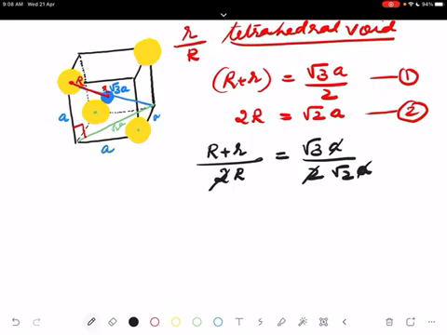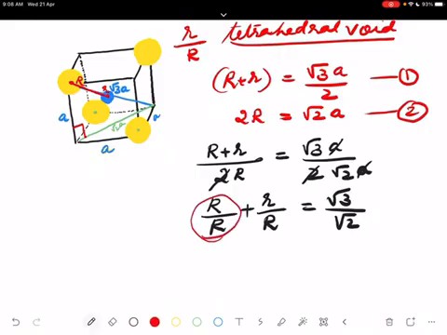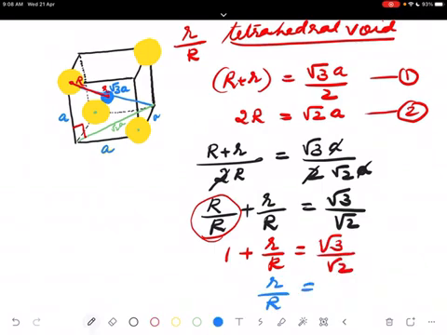Now come to the left hand side, that is R by R plus small r by capital R, I expanded it in that way, is equal to root 3 upon root 2. What is R by R? It means 1. So 1 plus r by R is equal to root 3 upon root 2, or r by R is equal to root 3 by root 2 minus 1.